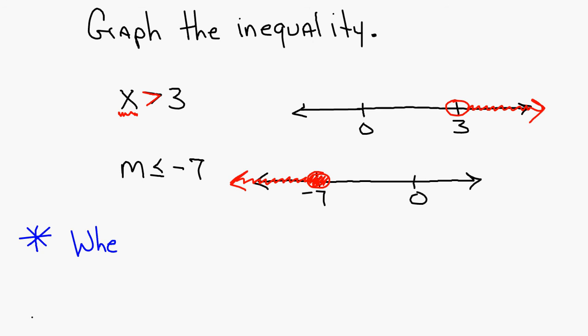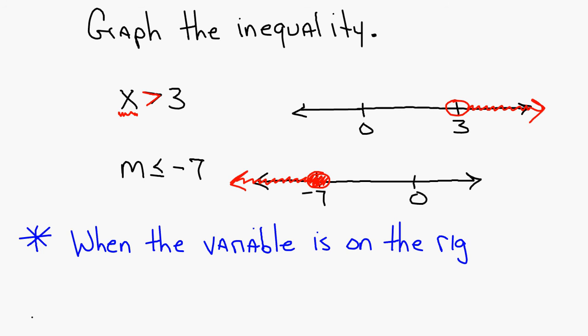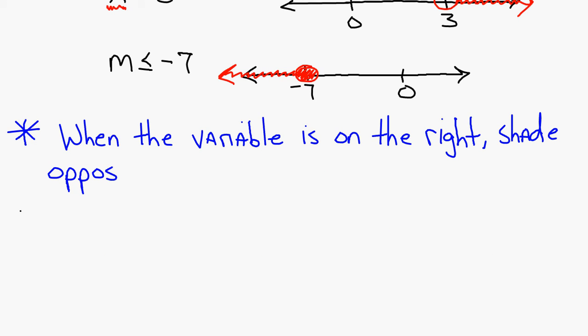When the variable is on the right, shade opposite the direction of the inequality.